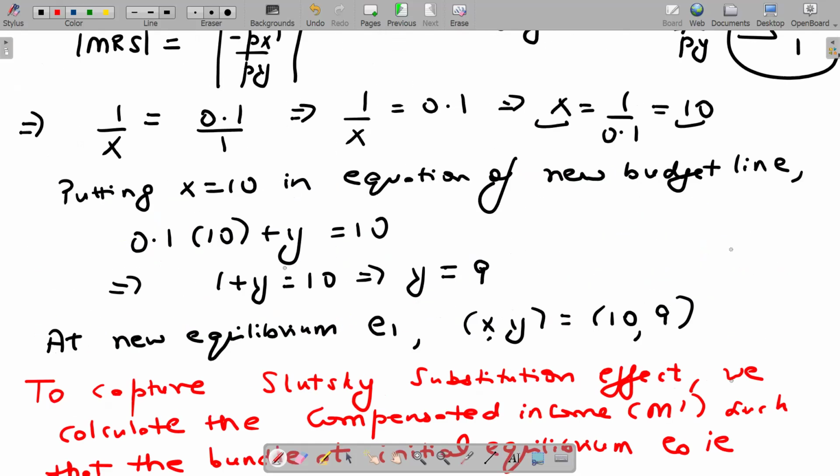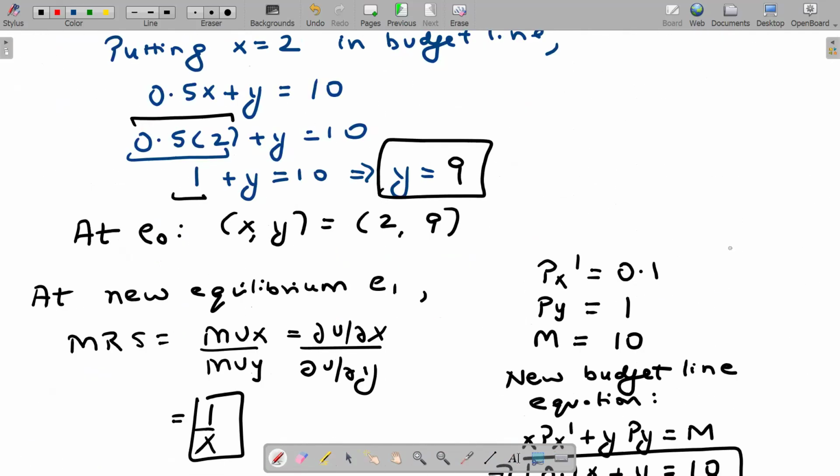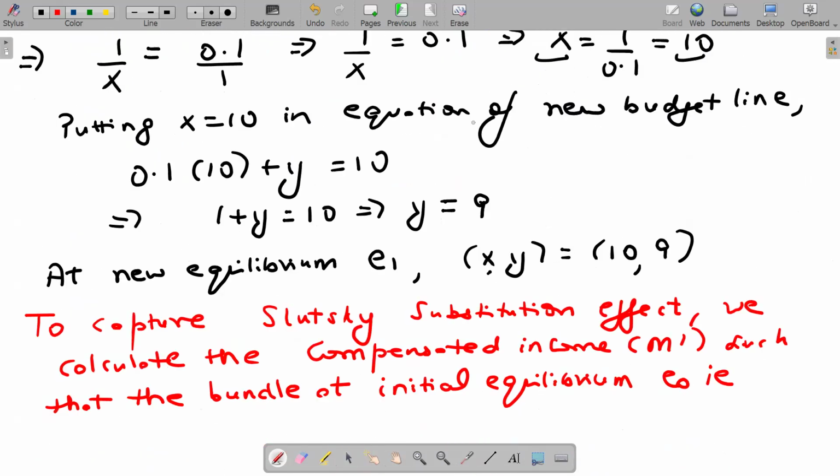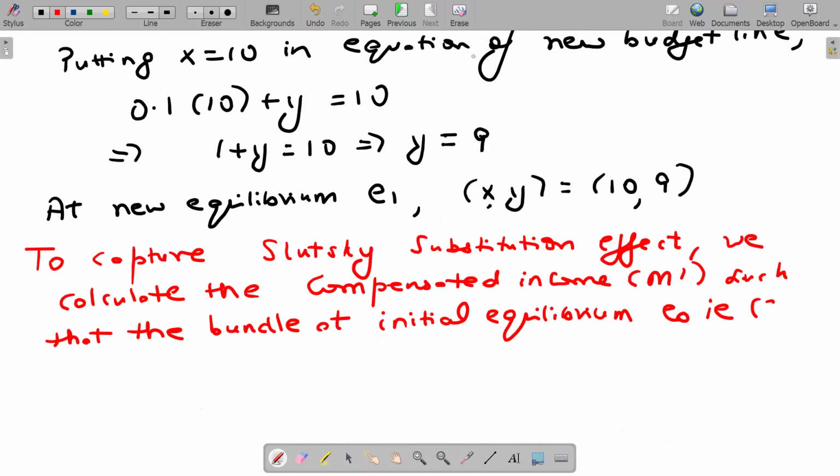What is the bundle at E0? The bundle at E0 was 2, 9. The bundle at the initial equilibrium, which is 2, 9, is still affordable.